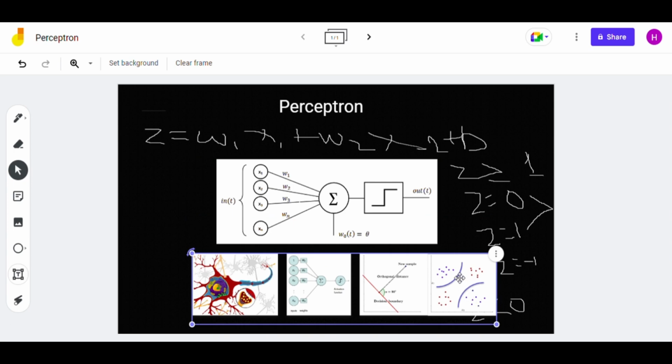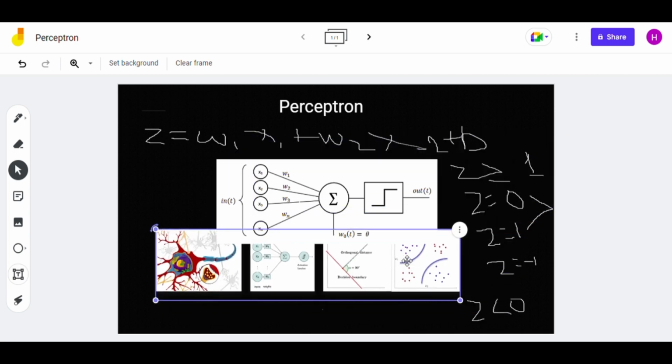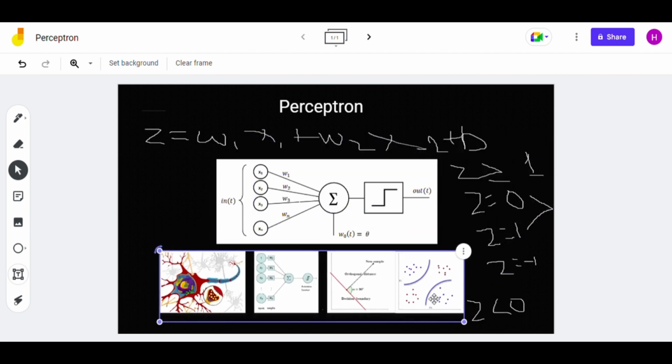So if our answer is greater than or equal to 0, we call it that this particular thing belongs to this certain class. Either it can be a cat, it can be a number, or it can be any prediction that we want. It can be a 1 or it can be a 0.